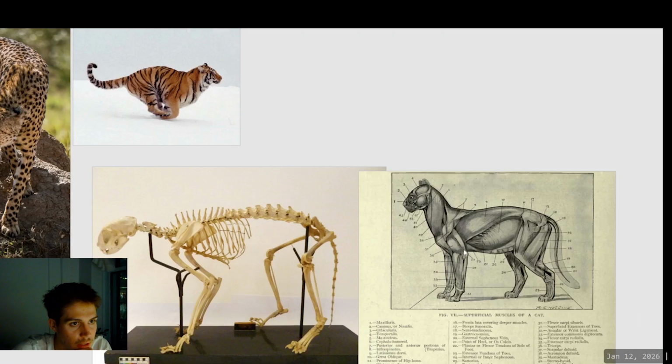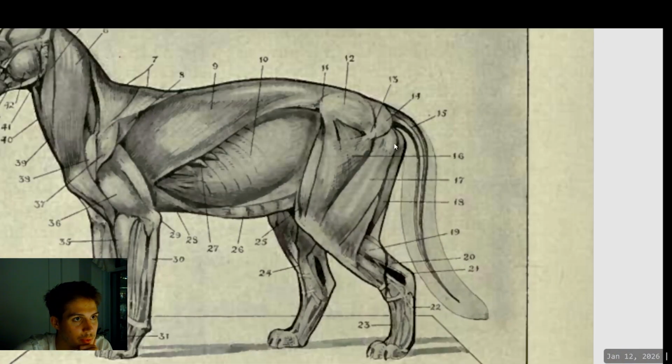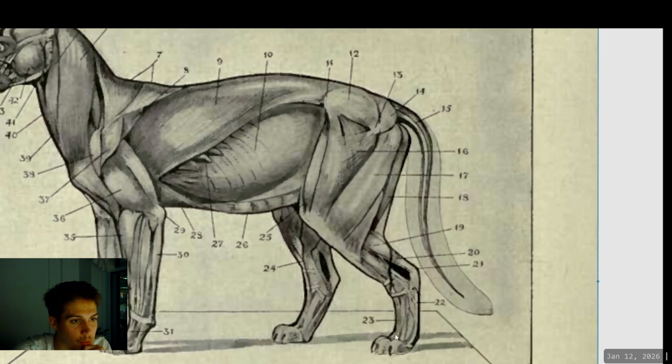If we look right behind, we're gonna see we have these massive muscles here, and these muscles here are gonna pull the knee backward, and then these over here, your calf muscle, they're the ones that are gonna pull on the foot, and the ones in the front help to get that planting on the ground.